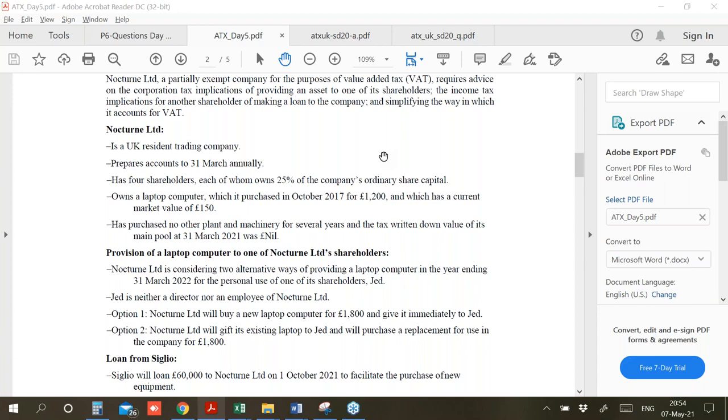Now, as they are buying the new asset for themselves, they will be able to claim capital allowances on 1800. It will qualify for AIA, so 100% capital allowances at the time of purchase. So on 1800, there'll be a 19% corporation tax saving.